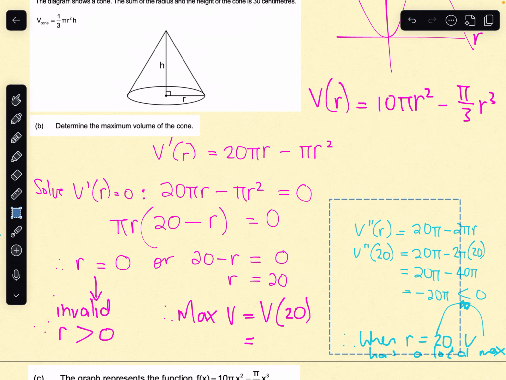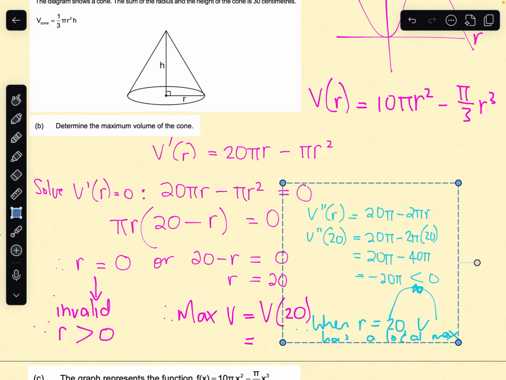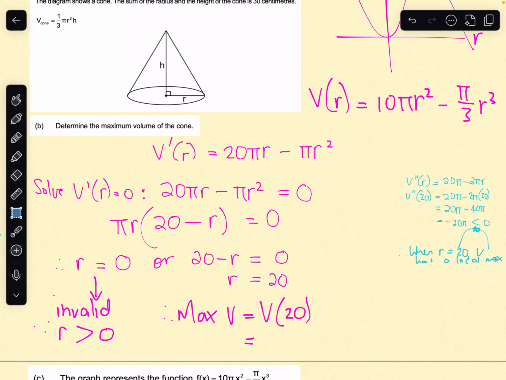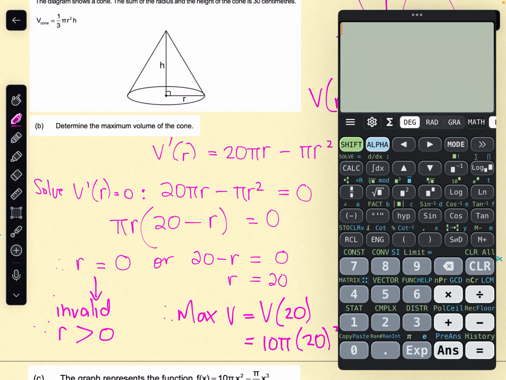Okay, just need to shrink this again. Right, so this is 10 pi 20 squared minus pi over 3 20 cubed, which I'm just going to put into the calculator.